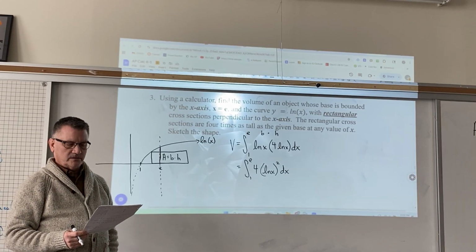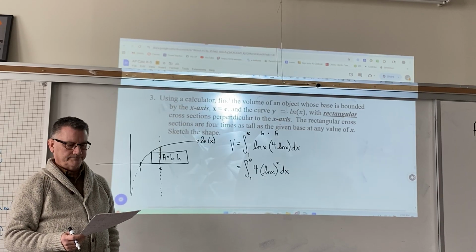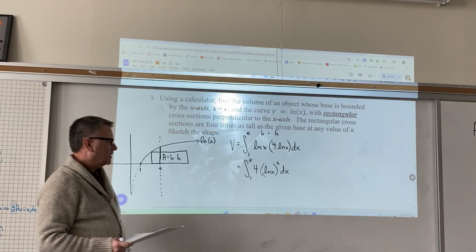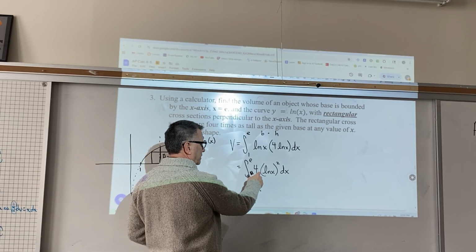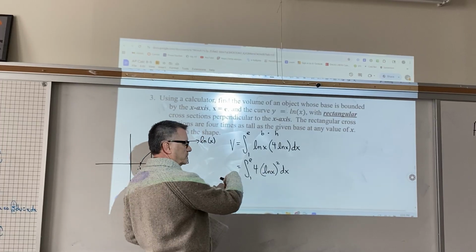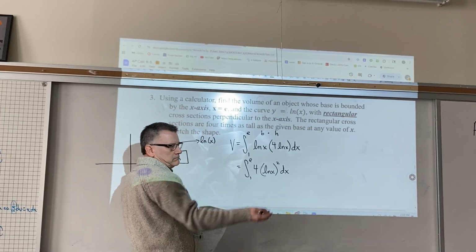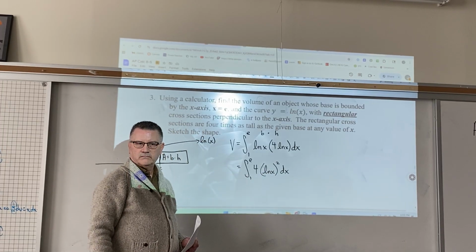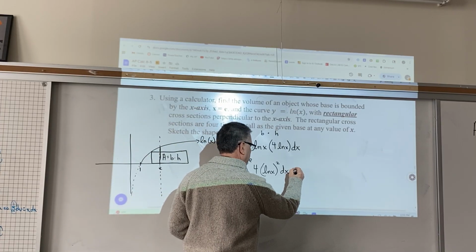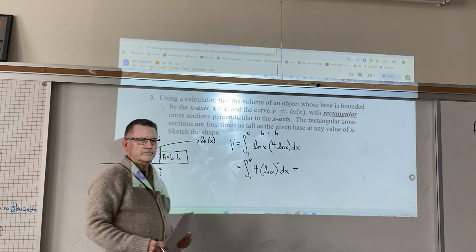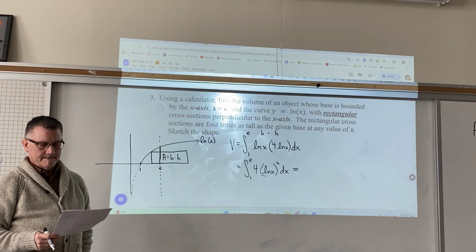Well, why can't I just use the calculator now? I mean, you could pull the 4 out and just do integral from 1 to E ln x squared and then multiply by 4. Either way, but if we're okay with how it was set up, why don't we just put it in the calculator and what do we get?